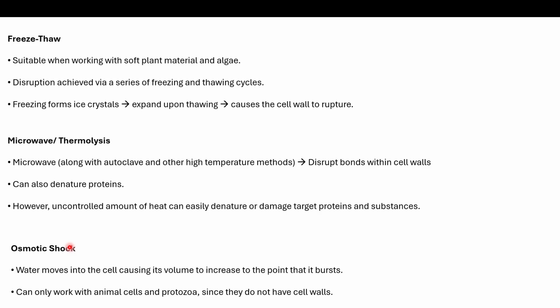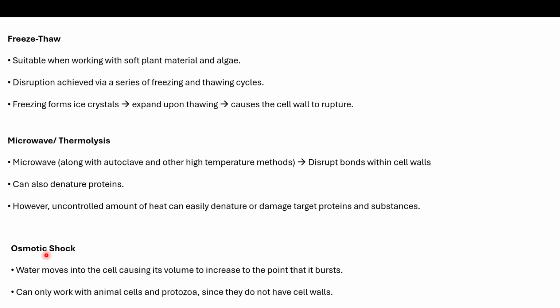We place the cell in a suspension with a hypotonic solution, where the concentration of water is really high as compared to the intracellular water concentration. So the water moves in, thereby the cell swells up and bursts open. Water moves into the cell, causing its volume to increase to a point where it can burst open.